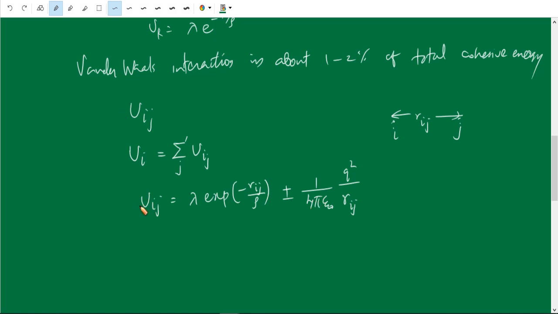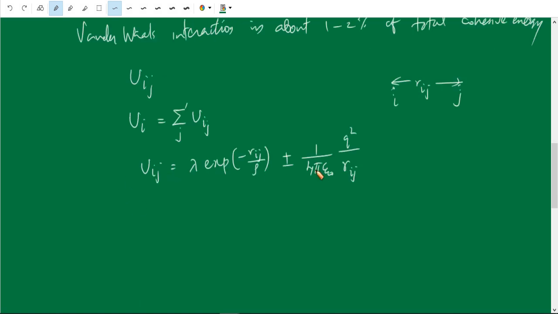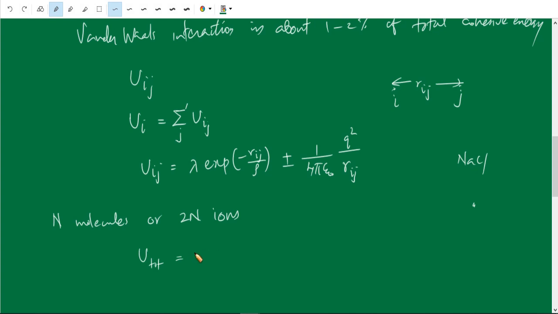Now consider a crystal of n molecules. One molecule, for example NaCl, has two ions, so n molecules means 2n ions. Therefore the total cohesive energy U total is equal to n times Ui.